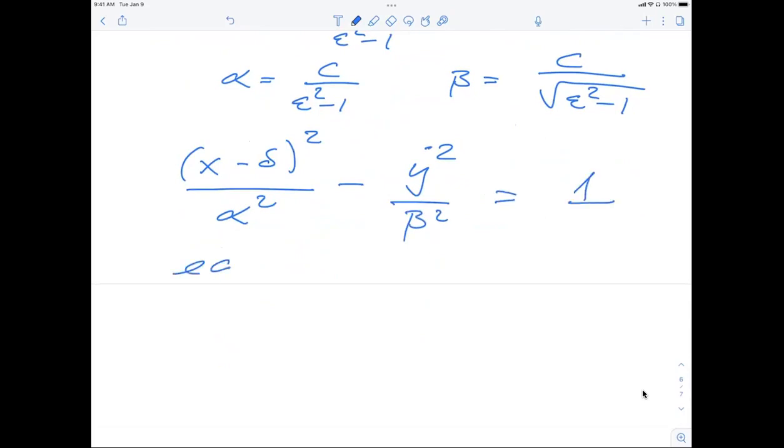And this is the equation for a hyperbolic motion, or hyperbola.